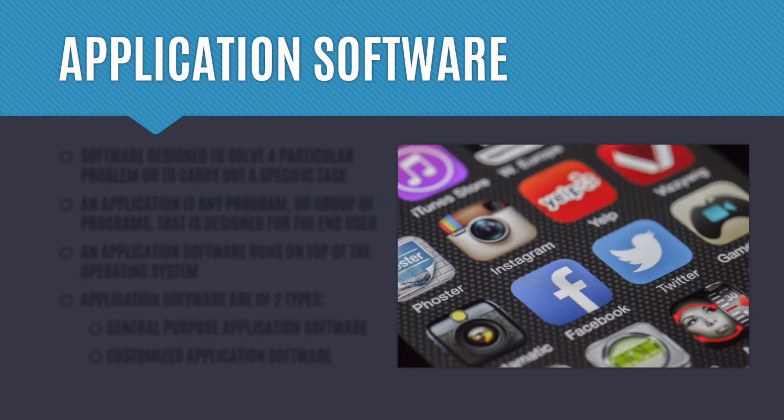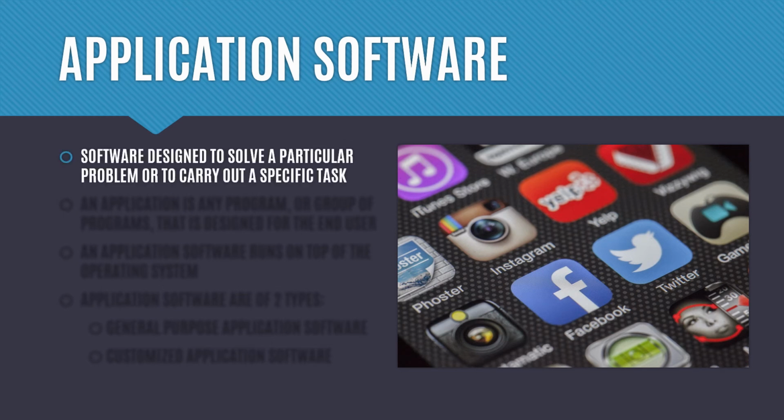Moving on. Now we'll discuss another type of software, which is application software. What is application software? I'm sure you are using application software daily in your lives. It is software designed to solve a particular problem or to carry out a specific task.